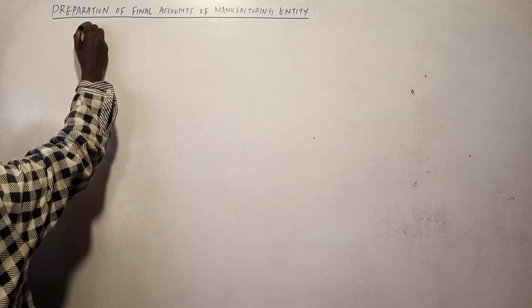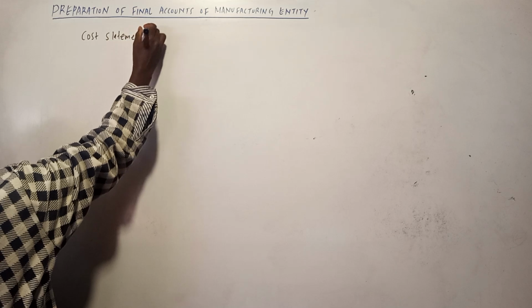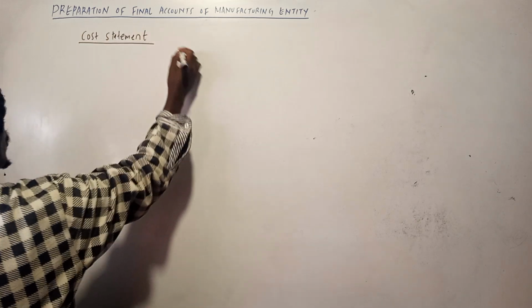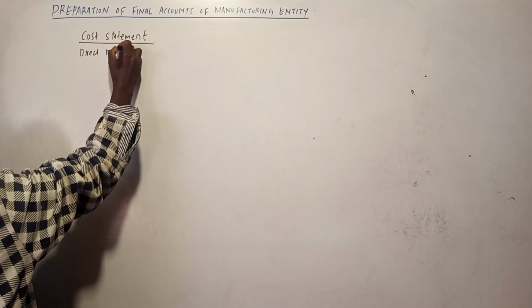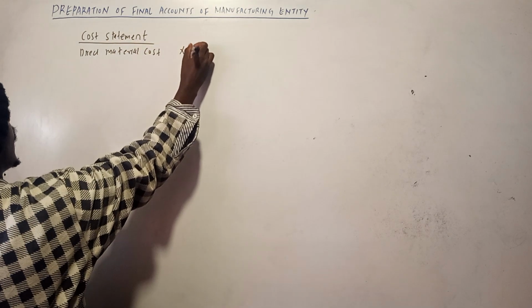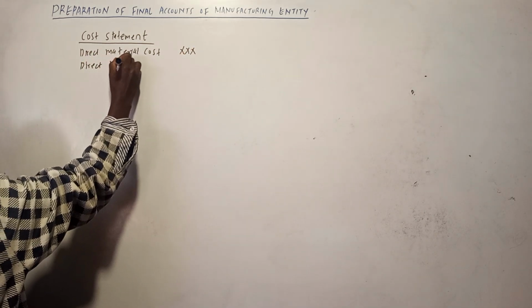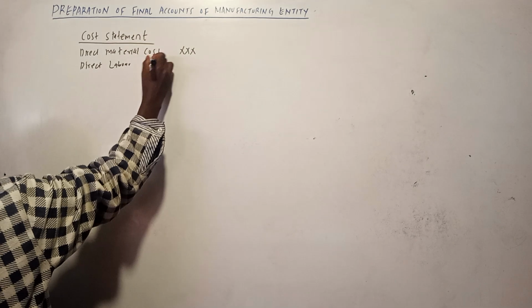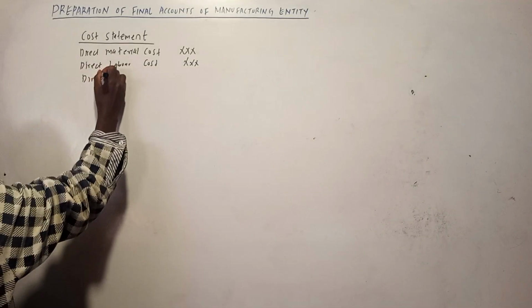So we have this cost statement. We start with the direct material cost, you put it there. Direct labor cost, you put it there. Then we have the direct wages.